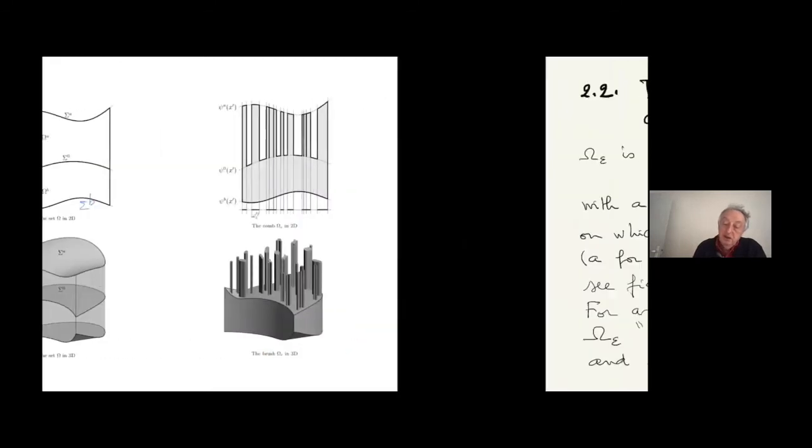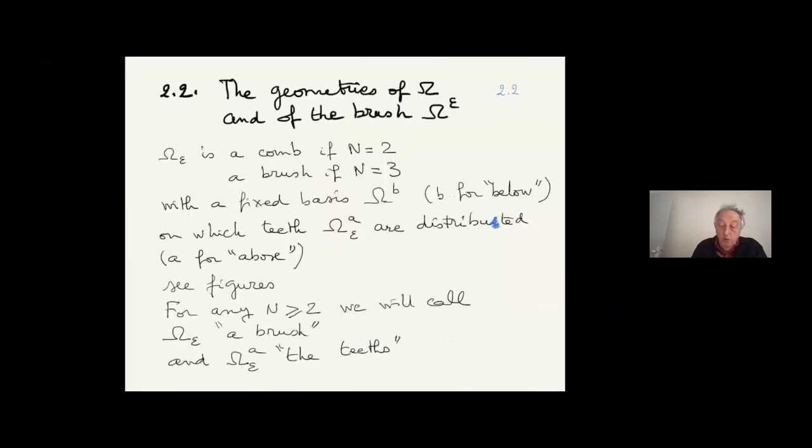And in this story, omega epsilon is made of a fixed basis omega b. B is for below, but also for basis, and is fixed for every epsilon. And on this basis, there are these omega a epsilon, which are distributed, and a here is for above.